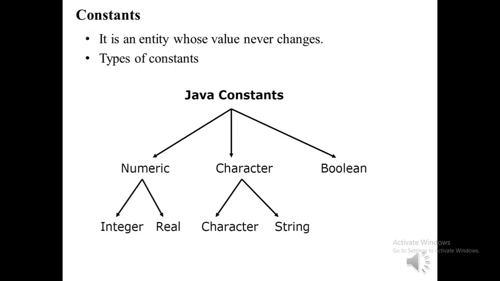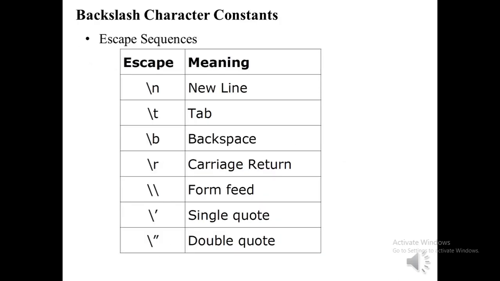Next we are going to see constants. A constant is an entity whose value never changes. There are three types of constants: numeric, character and boolean. There are two types of numeric constants, integer and real. Character constants are of two types, character and strings.